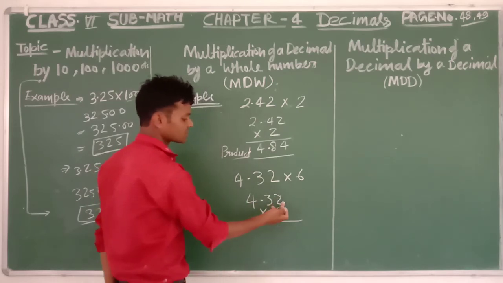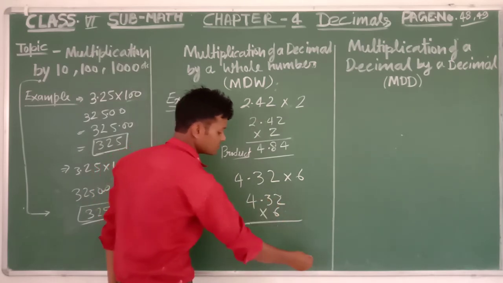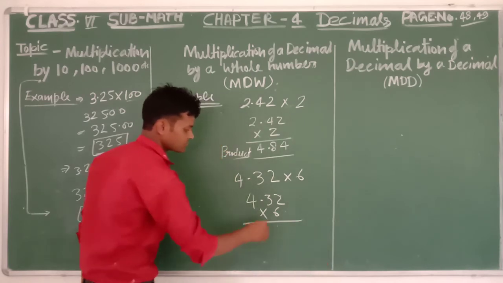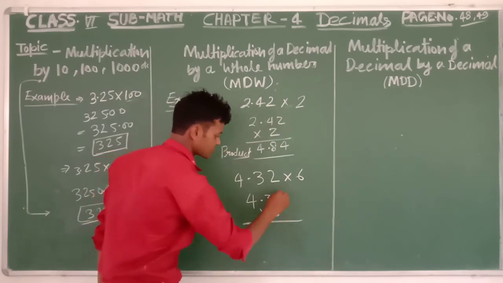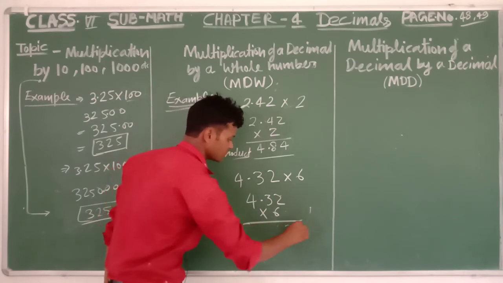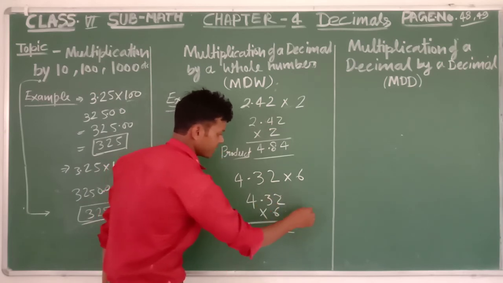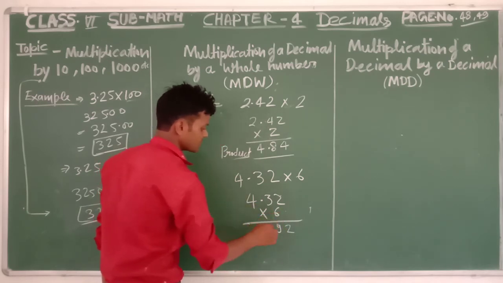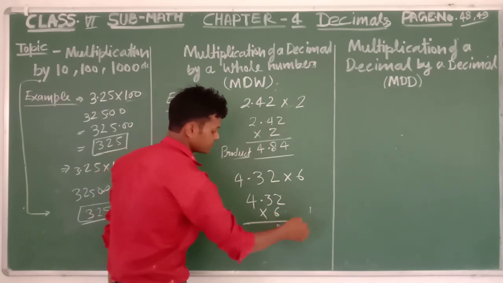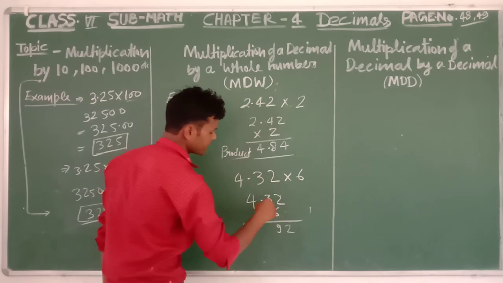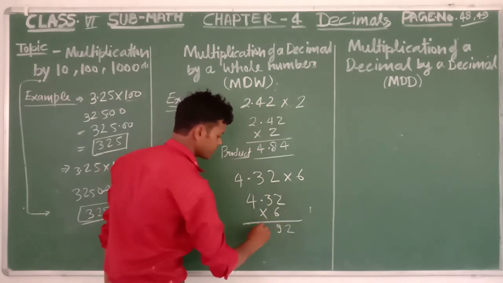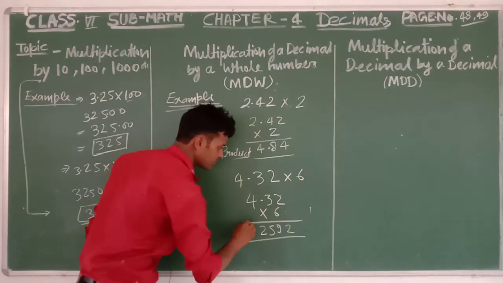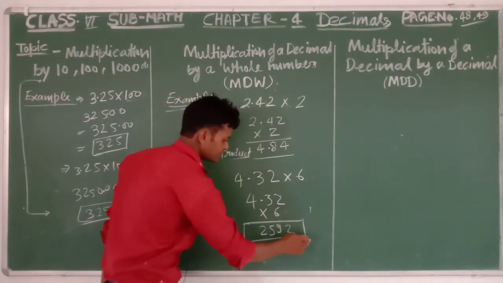Then your work is to count the decimal places and write the point in the product from the right side. So first you multiply this number: 6 2s are 12, carry 1; 6 3s are 18 plus 1, 19; 6 4s are 24 and 1, 25. And your product is ready for the decimal.